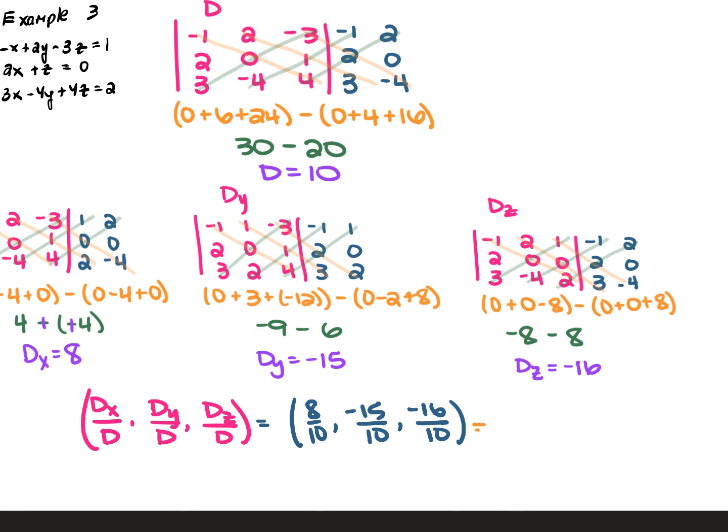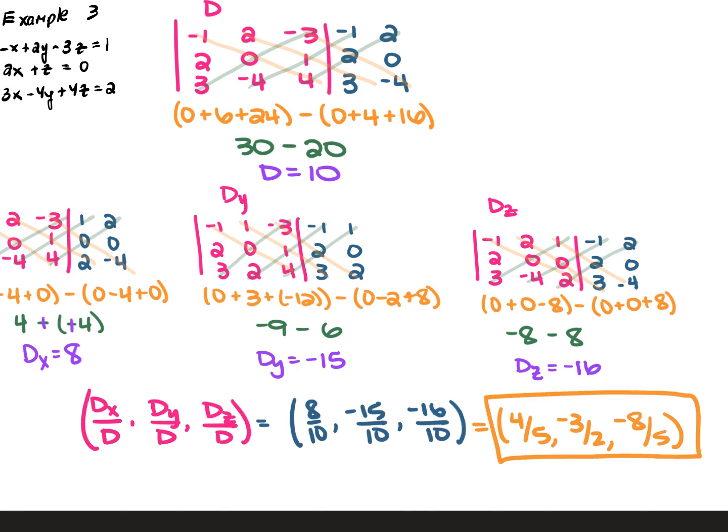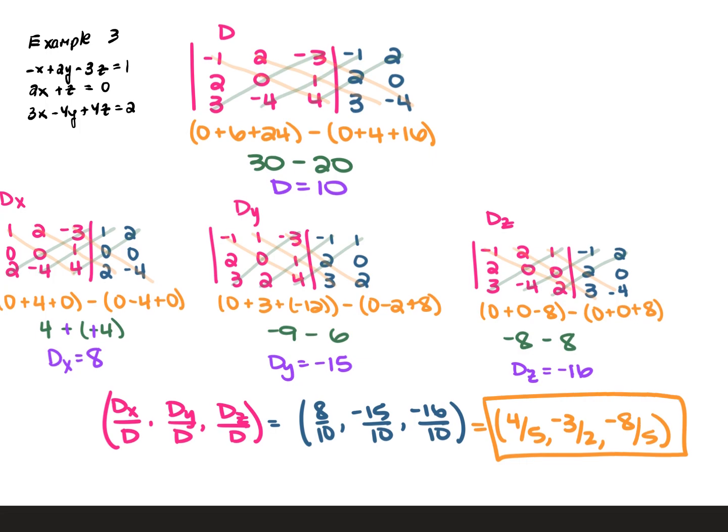These all simplify. The 8 and the 10 are divisible by 2, so that's 4/5. Negative 15 and 10 are divisible by 5, so that's negative 3/2. And negative 16 and 10 are both divisible by 2 to give you negative 8 over 5. So 4/5, comma, negative 3/2, comma, negative 8/5 is your answer for example 3.